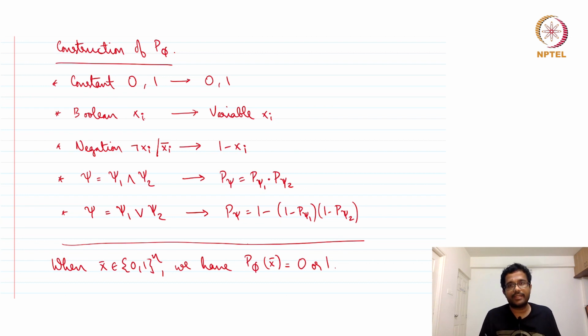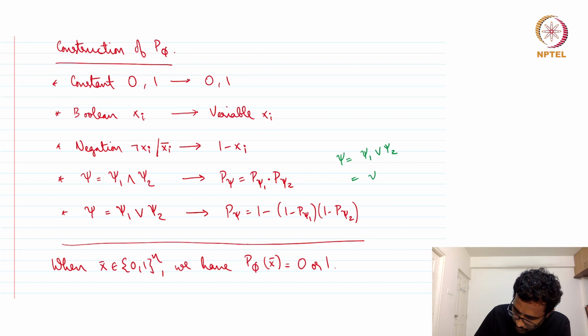how to represent OR? Well, we have De Morgan's laws, right? So we have psi equal to psi 1 or psi 2, which is actually psi 1 negation and psi 2 negation, the negation of the whole thing, right?